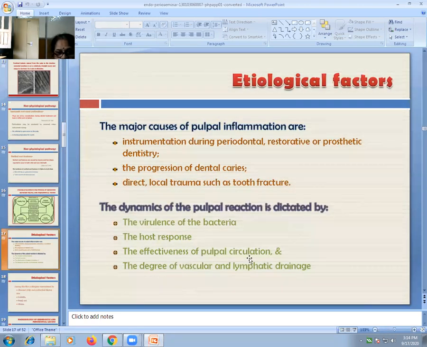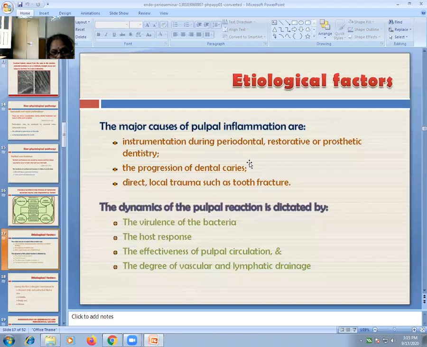So once you know the pathways, we should look at the etiological factors. What are the factors responsible for the pulp getting infected? The major causes of pulp inflammation are, just note down if you want, instrumentation during periodontal, restorative or prosthetic dentistry.